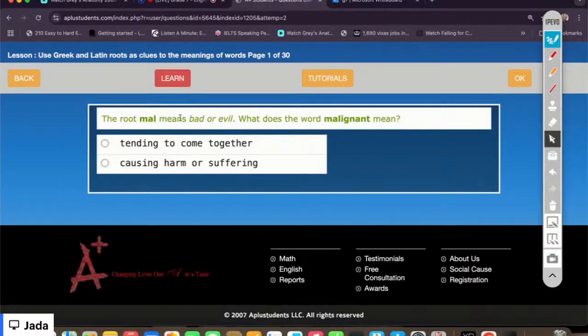Alright, so the root mal means bad or evil. What does the word malignant mean?